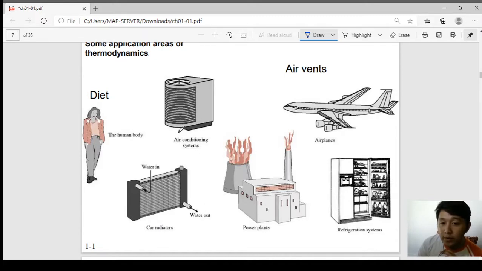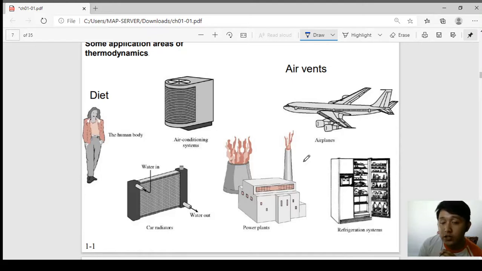So we are mechanical engineers. For us to understand, to make and to analyze mechanical systems just like air conditioning systems, automotives, power plants, refrigeration systems, and airplanes or aircraft, we need to understand thermodynamics. What is the relationship of heat and work?